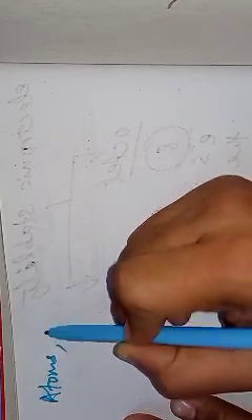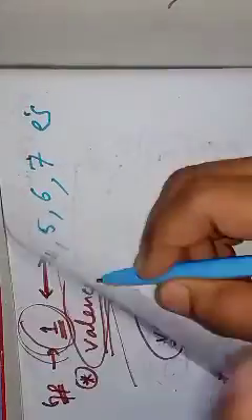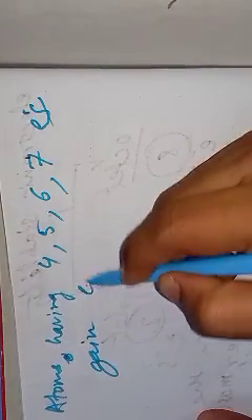Now where does the gain of electrons occur? Atoms having 4, 5, 6, 7 electrons, that is more than 3, gain electrons.